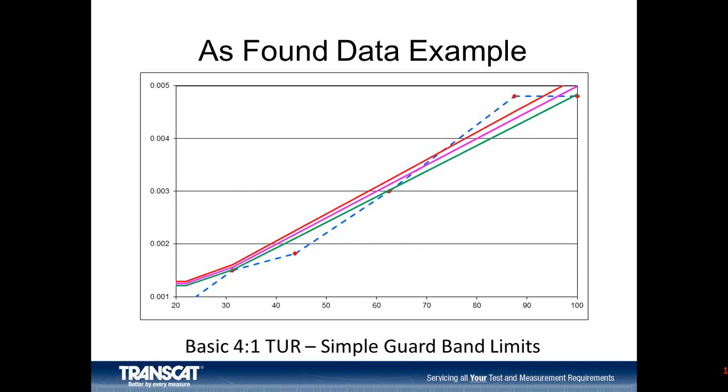So we still have the red line at the top that tells us if it's outside of that limit, it is, for all practical purposes, undeniably out of tolerance. If it's at or below the green line, we can say with very high confidence that it is in tolerance. In fact, we can say that it is within the tolerance line with only a 2% risk.